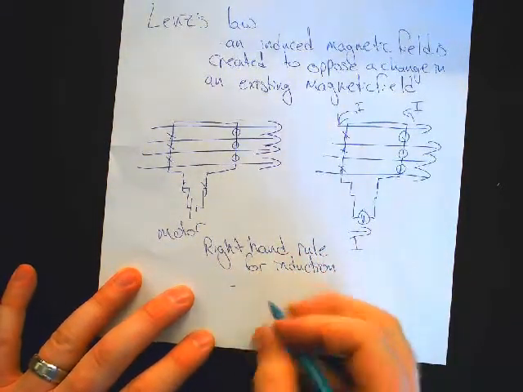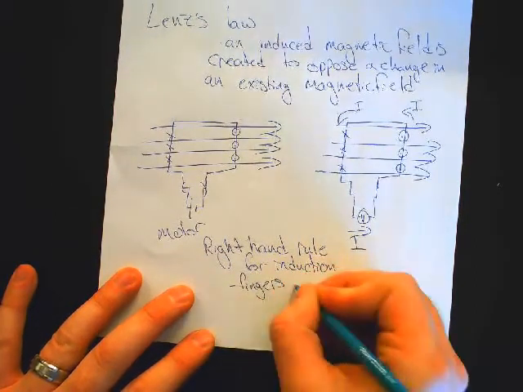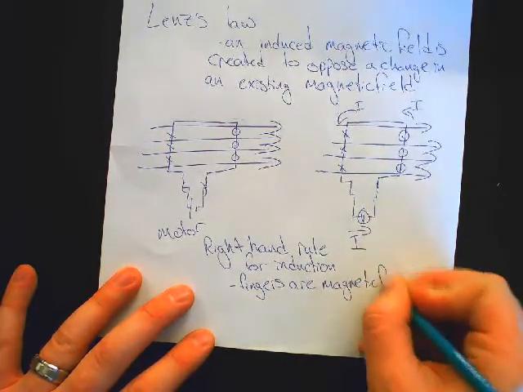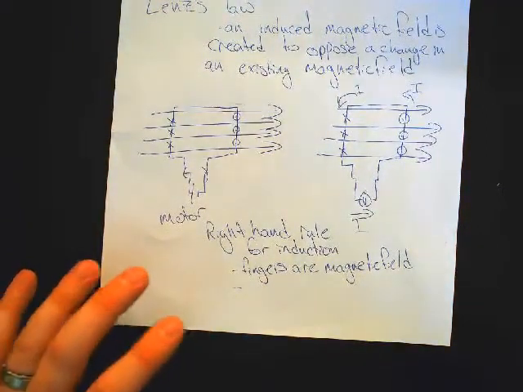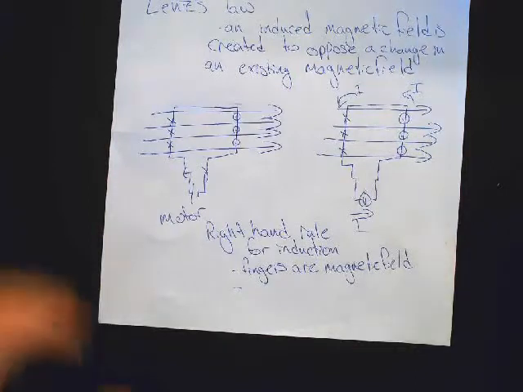For this, our fingers still represent magnetic field. Now rather than representing direction of current, our thumb points in the direction that the wire is moved.